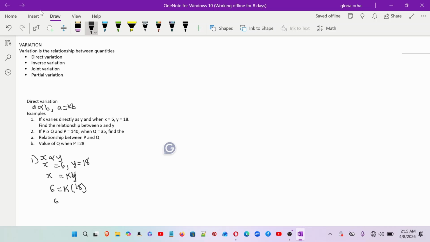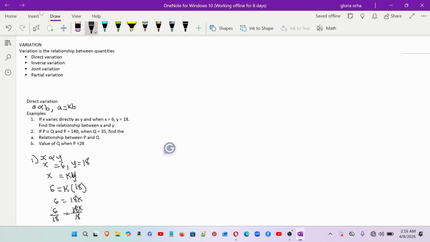So 6 equal to 18k. So for us to look for our k, which is a constant, we are going to divide both sides of the equation by 18. So we now have 6 divided by 18 equal to 18k divided by 18.